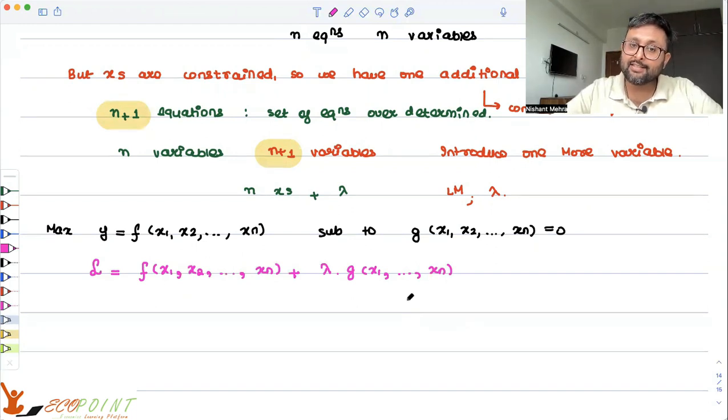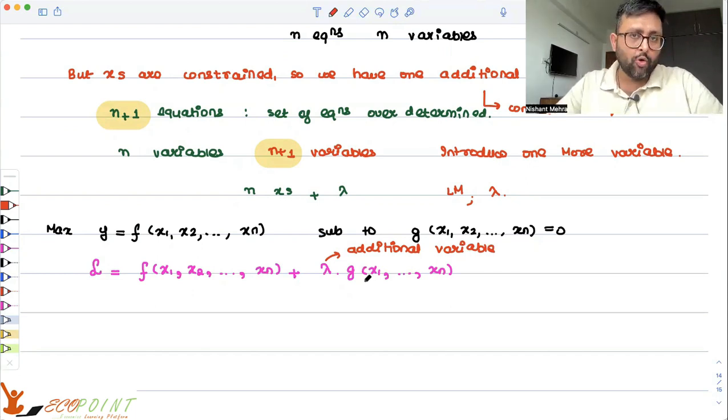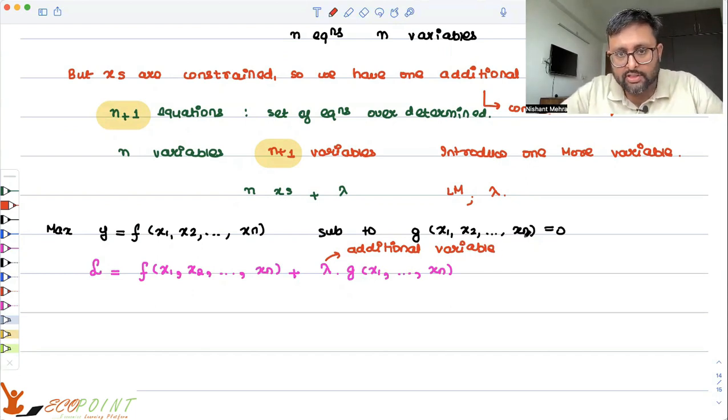And this g(x1, ..., xn) is 0, that's the condition. So this lambda is the additional variable. There were n x variables, and this lambda is the additional variable. When the constraint is holding, this is going to be 0, subject to this condition.